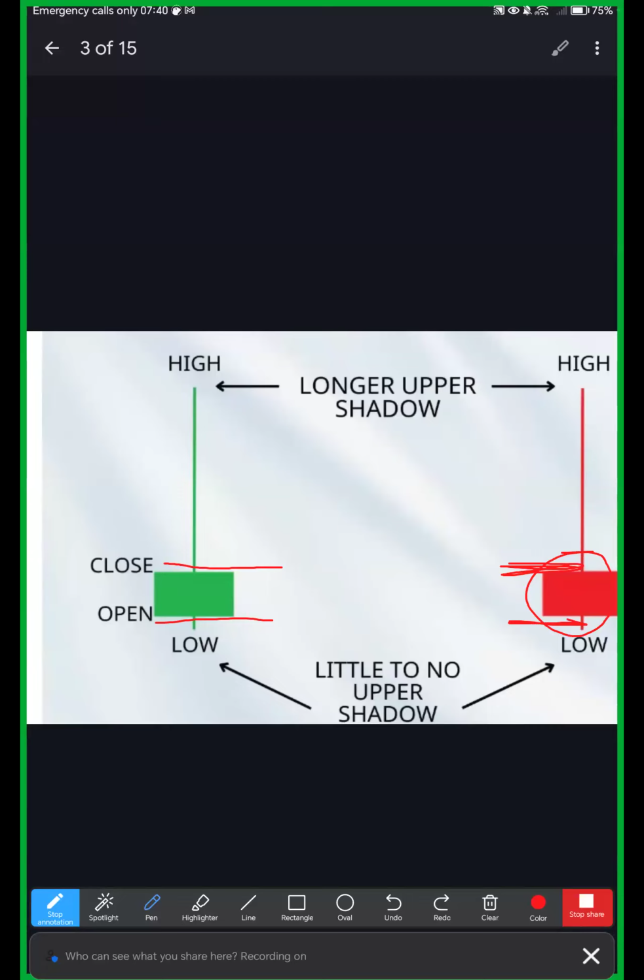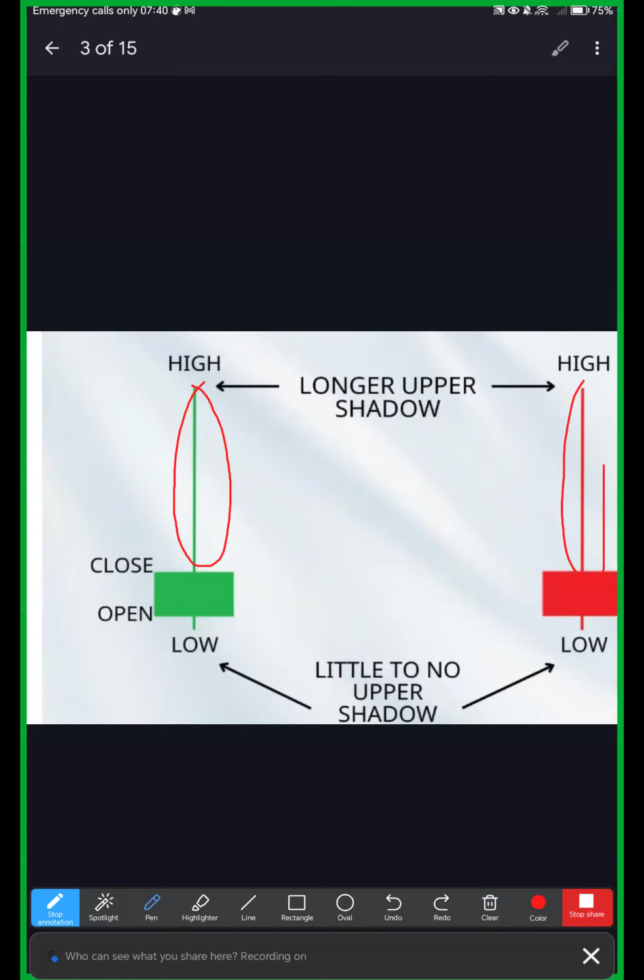Yes, there is a characteristic of a small body when it comes to the shooting star, and there is the presence of the long upper shadow.